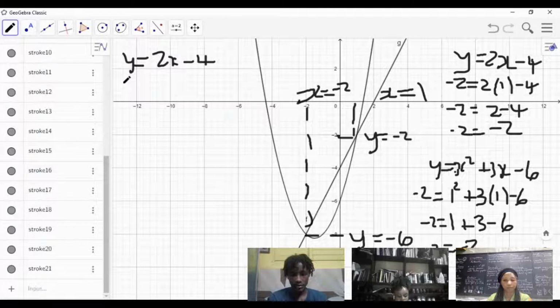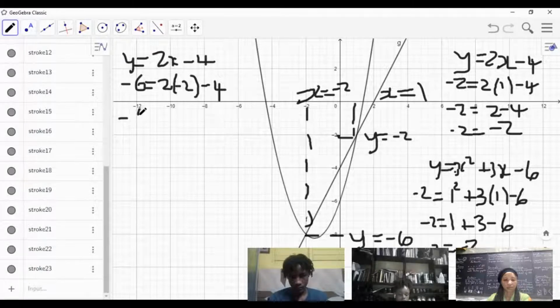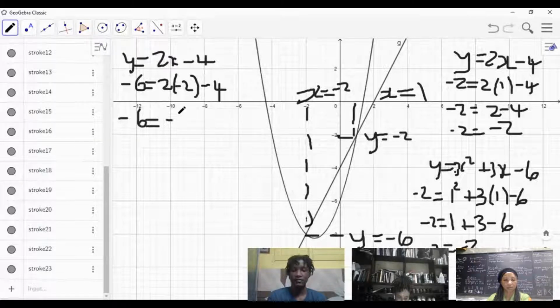So y is equal to -6, and -6 is equal to 2 times -2.